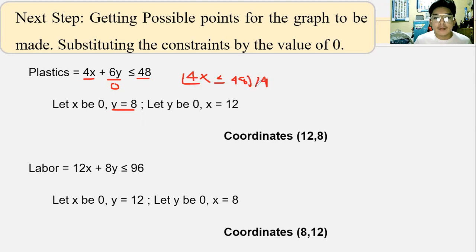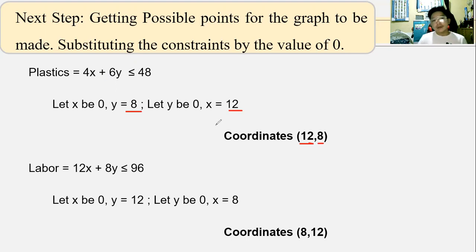I'm sorry for the lousy writing. So 4x divided by 4 is x, and 48 divided by 4 is actually 12. So from that, we could see that the first coordinates that we have is x is equal to 12 and y is equal to 8.